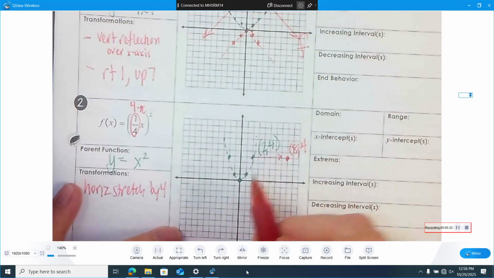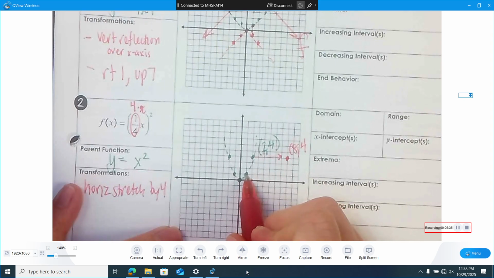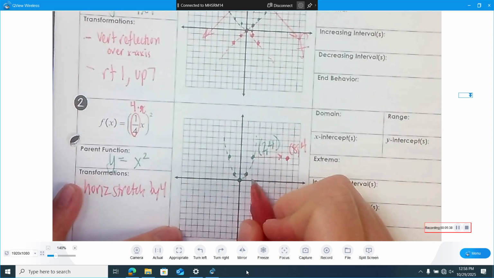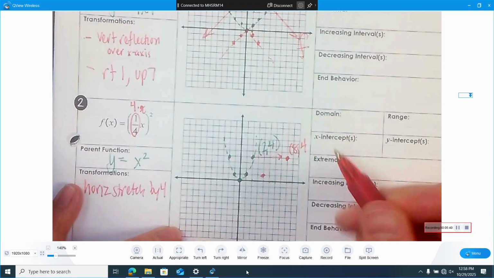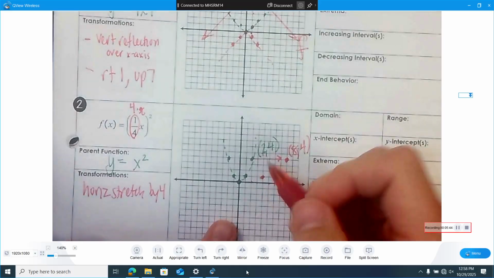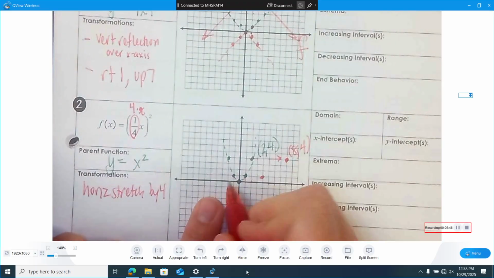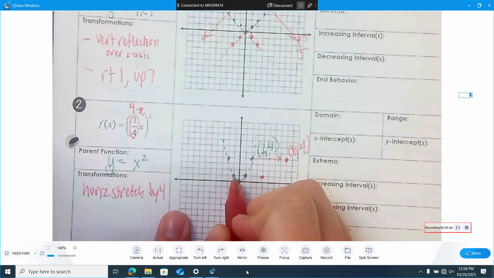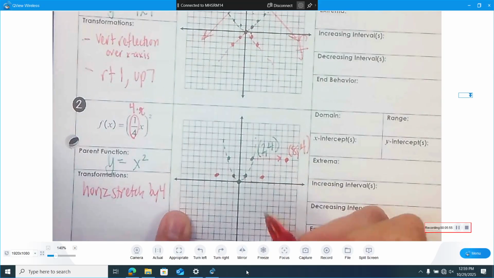All right? And then this point, which is 1, 1, turns into 4, 1. 1, 2, 3, 4, 1. All right? So it's taking those x-coordinates and just multiplying by 4. And then the same thing happens on the other side. This point, which is negative 1, 1, turns into negative 4, 1. Good.